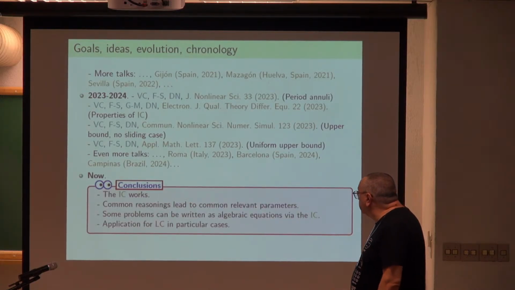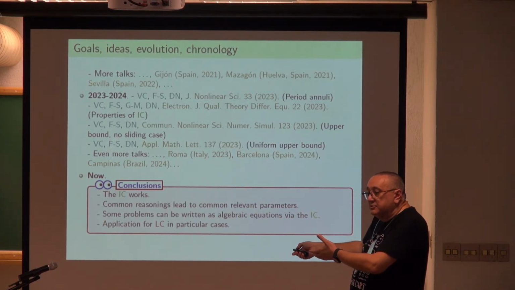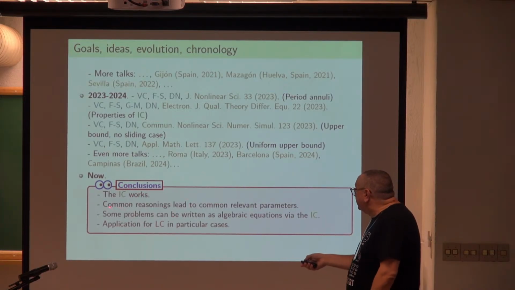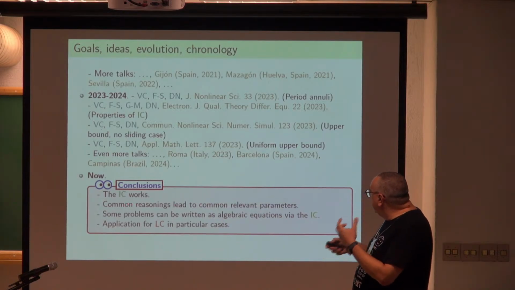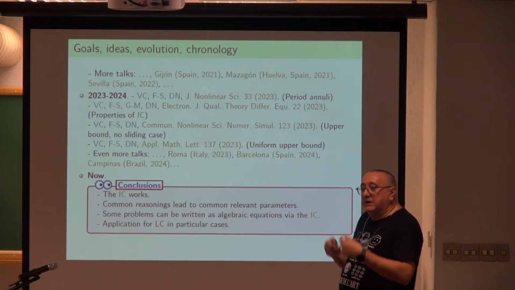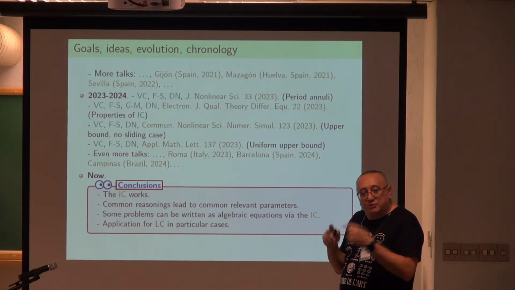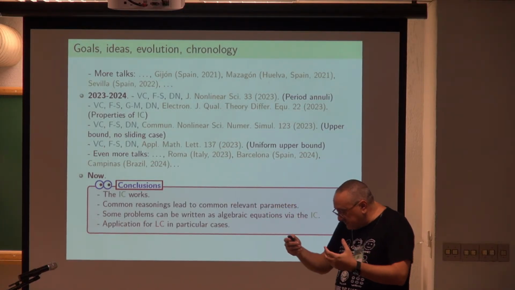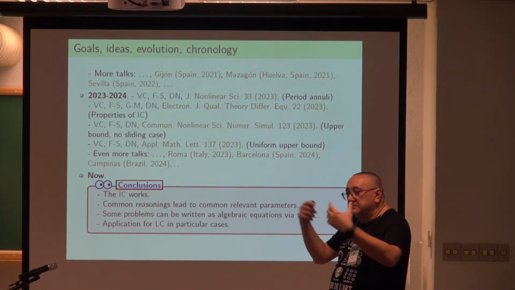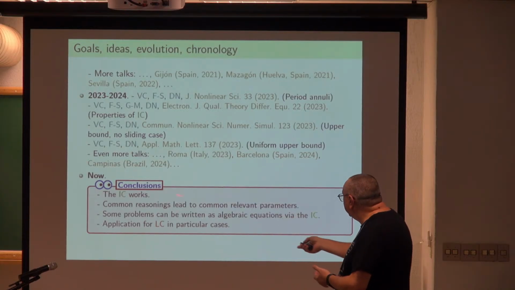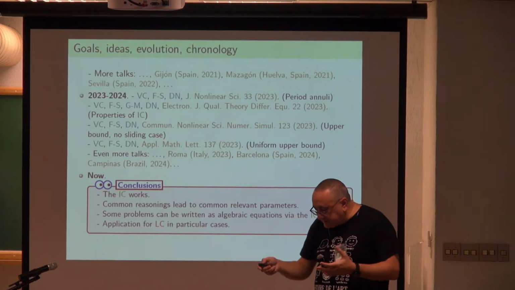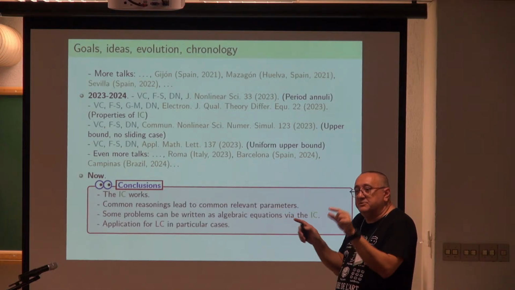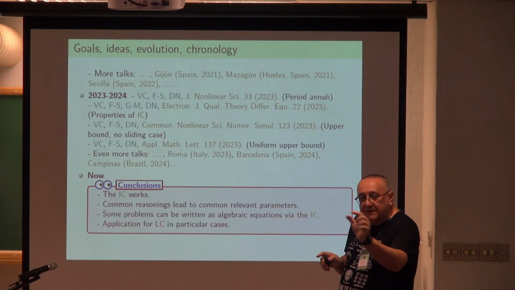Now we have some conclusions. Integral characterization works. This is the reason why I'm telling you this in this course. We have seen that the common reassignment allows us to find parameters that are common to all these cases, for the linear system. If you do the study separately, perhaps you find the parameters of the expression in one of them, or perhaps in the other.